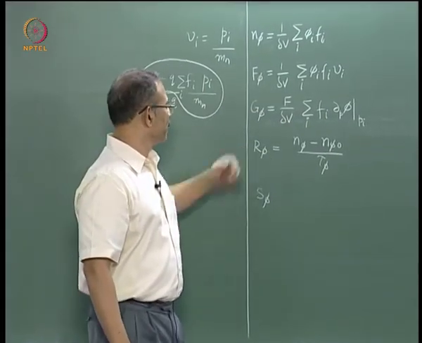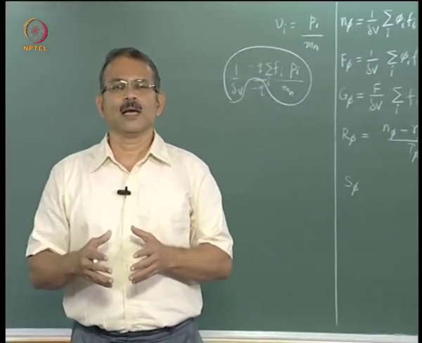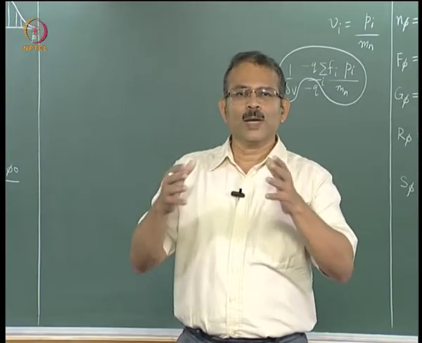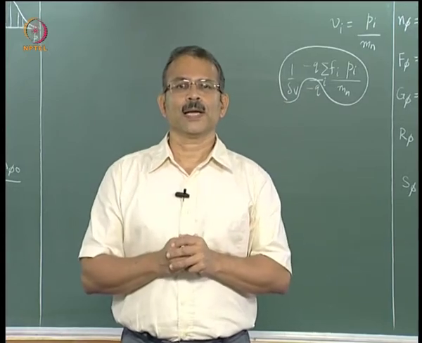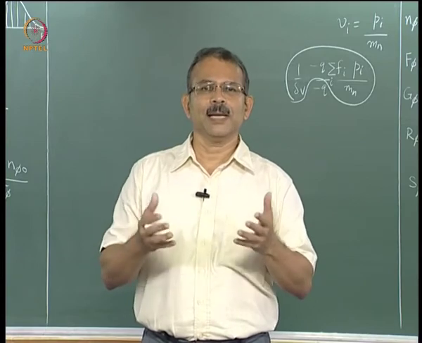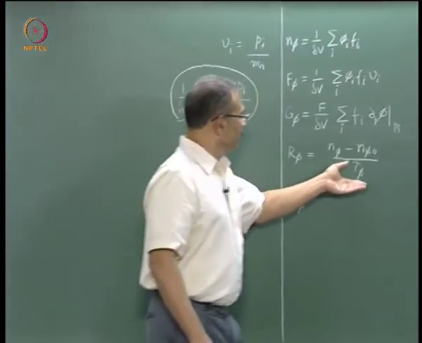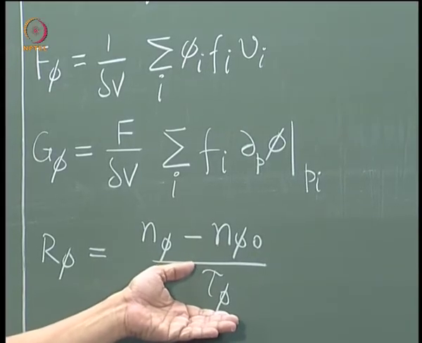Look at R phi. R phi is the loss of the quantity n phi because of momentum changes due to scattering. Now we are looking at a situation where our scattering does not change carrier concentration, okay, scattering changes momentum but not carrier concentration. So evidently R phi will be 0. Another way of looking at this result would be tau phi is infinity.